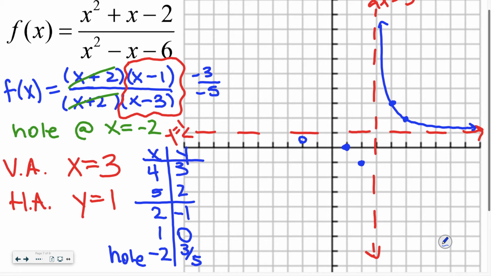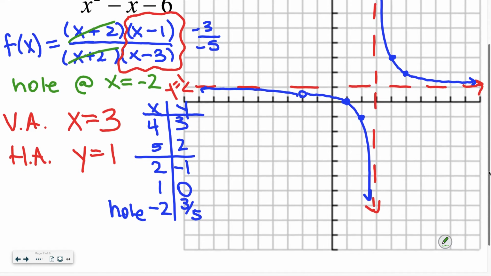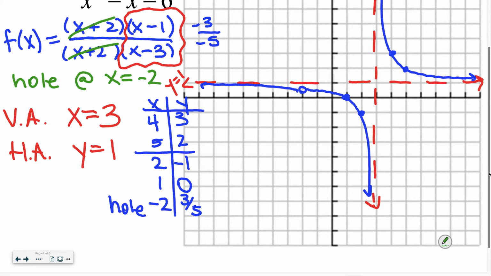So you need an open circle at (-2, 3/5), and now we can make our curve. I have 1 minute left, probably 2 minutes actually, so don't get in too much of a hurry. Make sure you plug the x value in to figure out where your hole is to plot it.